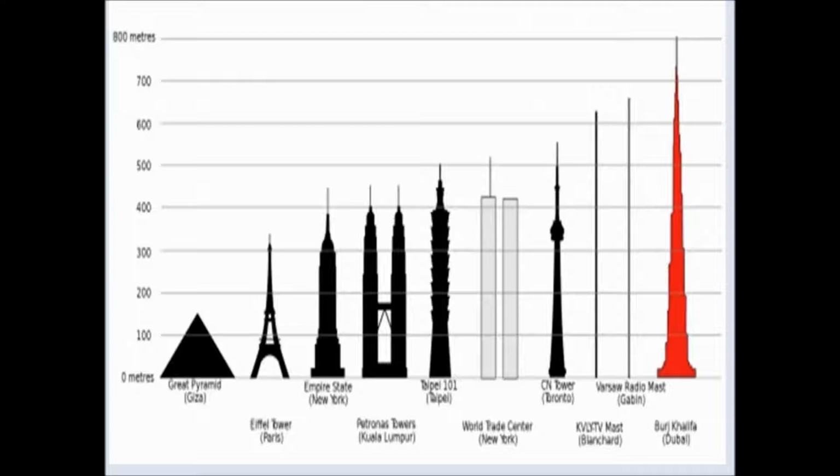The Taipei Tower. Taipei is the capital of Taiwan. You have the Petronas Tower in Kuala Lumpur, which is the capital of Malaysia. The World Trade Center. You have various other towers.